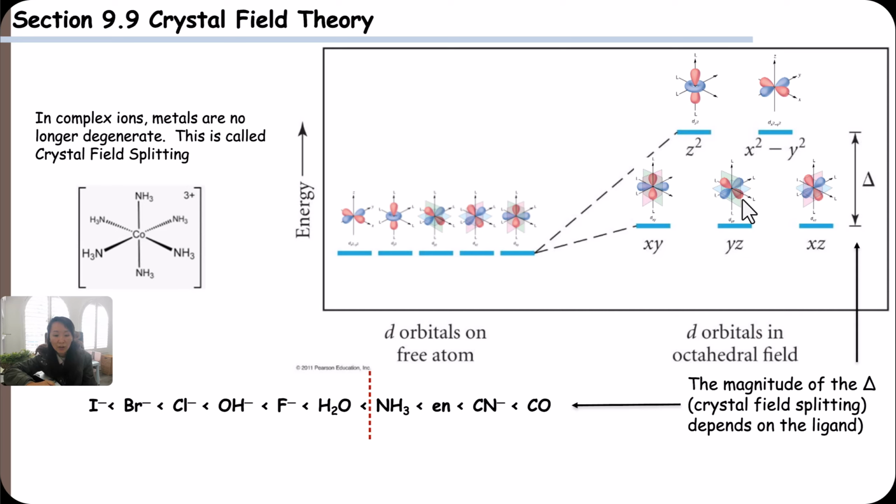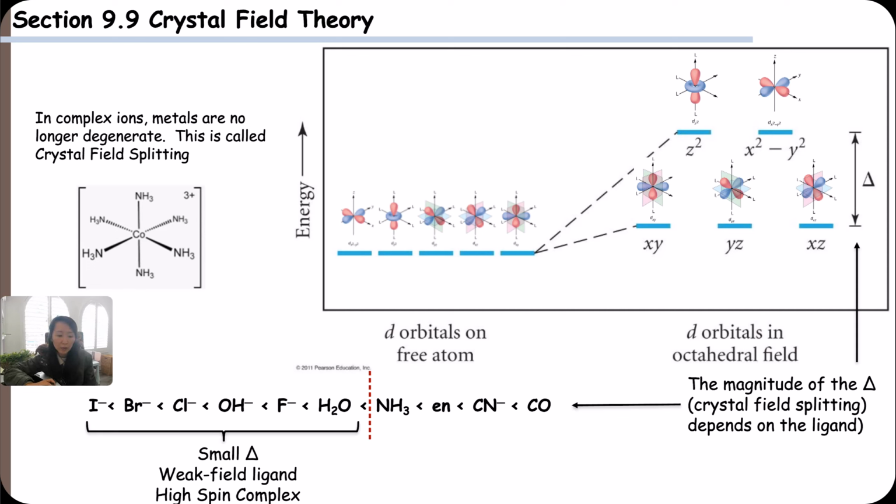So I have drawn this dotted line here. That's sort of like the cutoff point, okay? On the left-hand side, we consider that as having a small splitting. We call it the weak field ligand, or you might hear the term high spin complex.